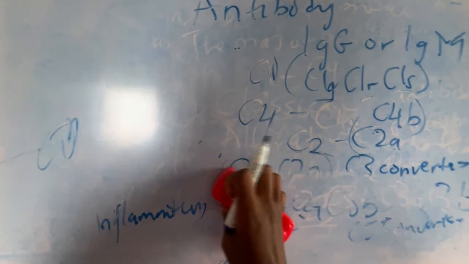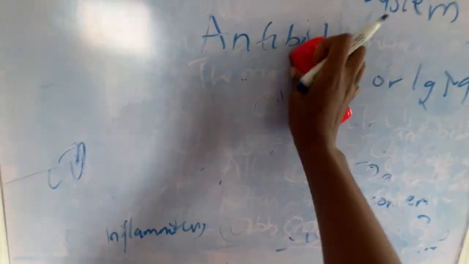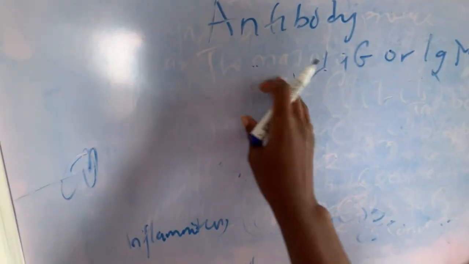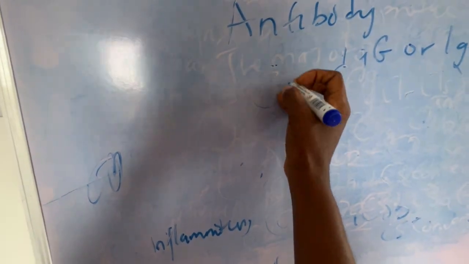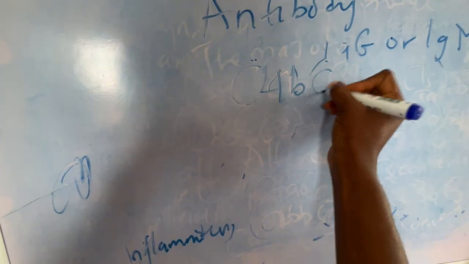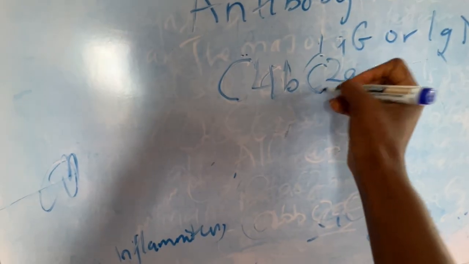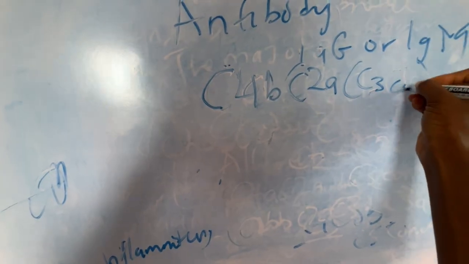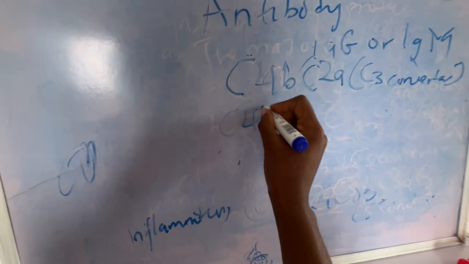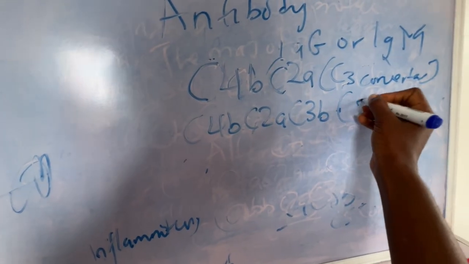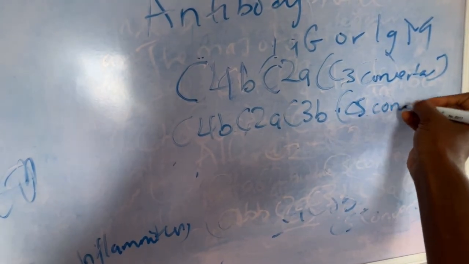Are you seeing that the reaction of one triggers the activation of the other? So two major things that you should be aware of. The C3 convertase is C4b and C2a, while C4b, C2a, C3b is the C5 convertase.